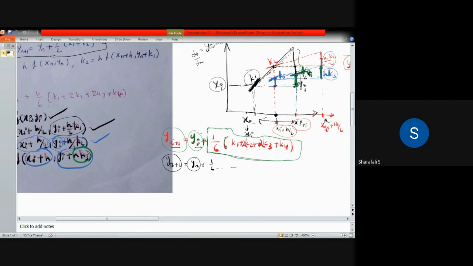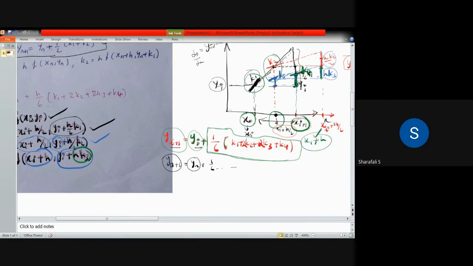So this is the most accurate because we have to consider all these points, and we have to consider these two midpoints, k2 and k3, for this mid value, xi plus h by 2, and we have two slopes at the endpoints, at xi and xi plus 1, or xi plus h, if you consider it as xi plus h like this.